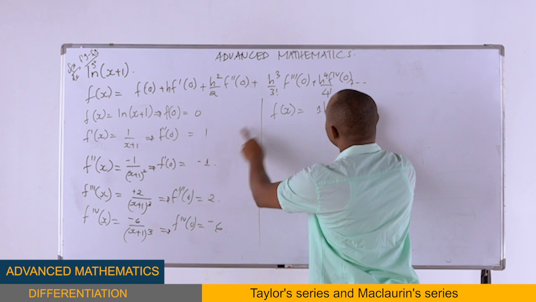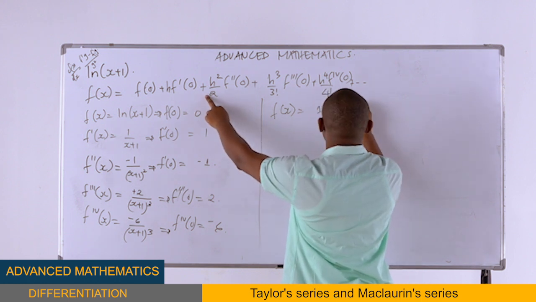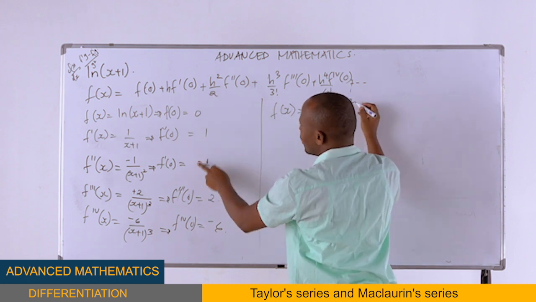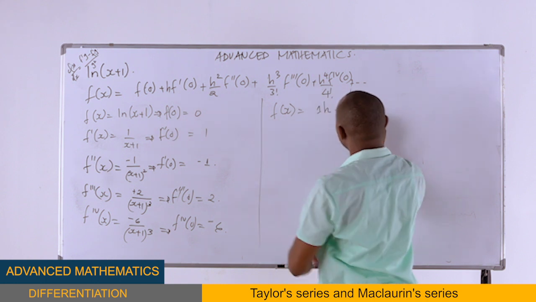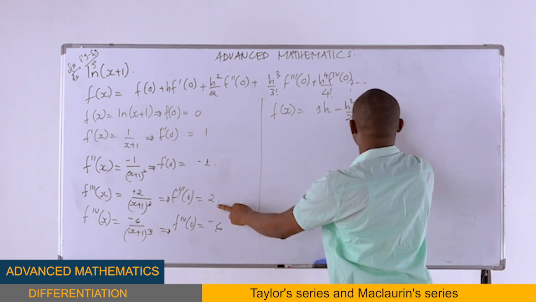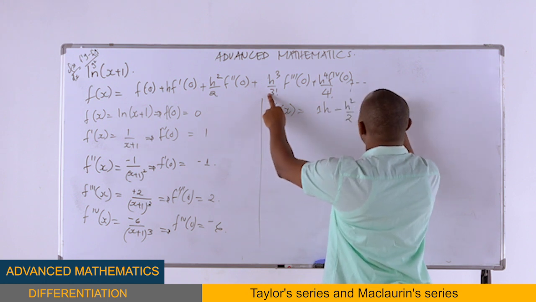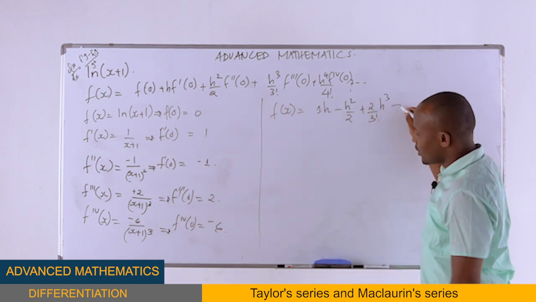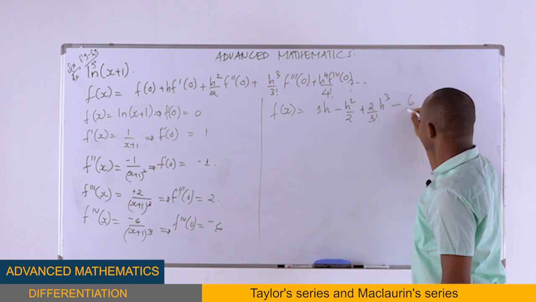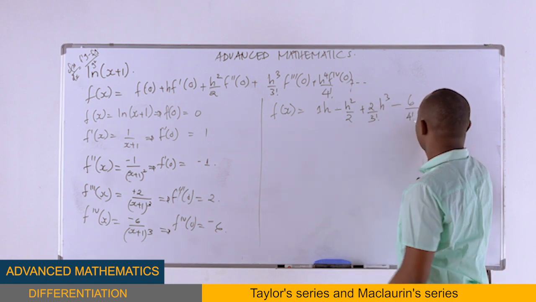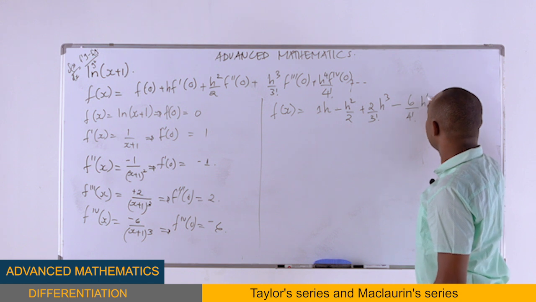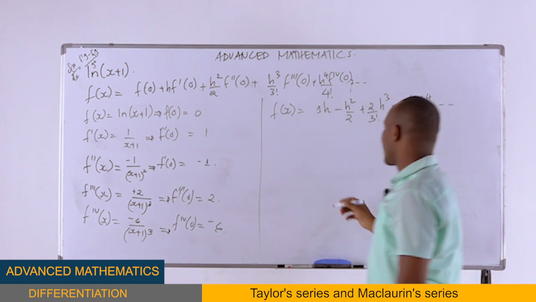That means it will be negative. The second one is h squared over 2. Then the third one is plus 2 over 3 factorial h raised to 3, minus 6 over 4 factorial h raised to 4, and so on.